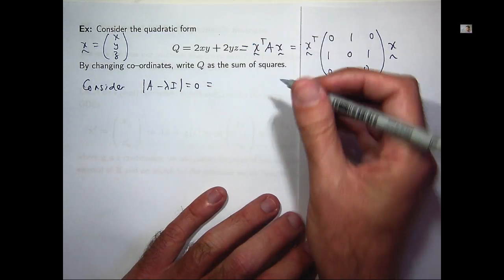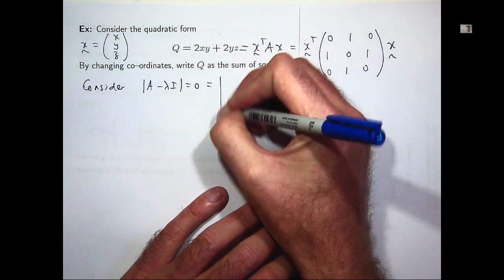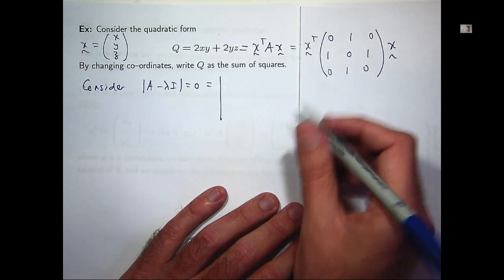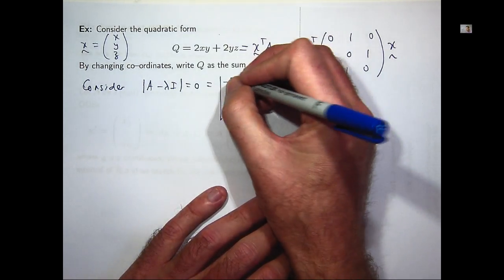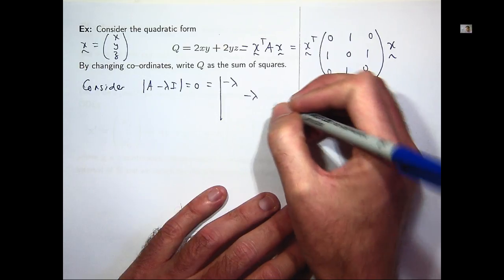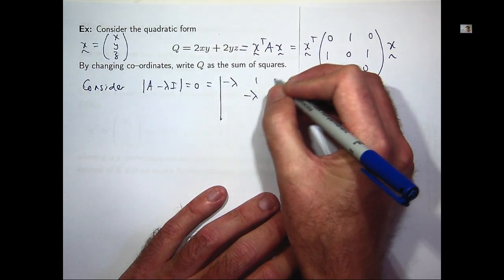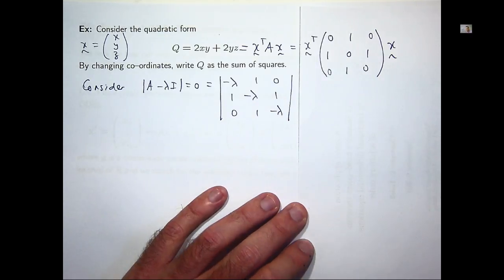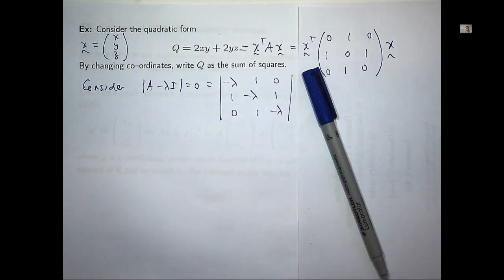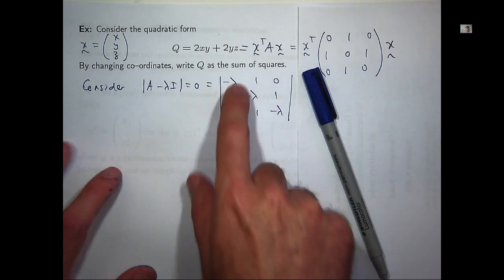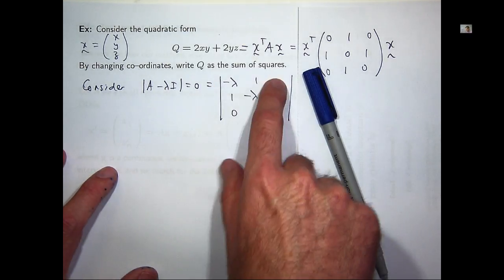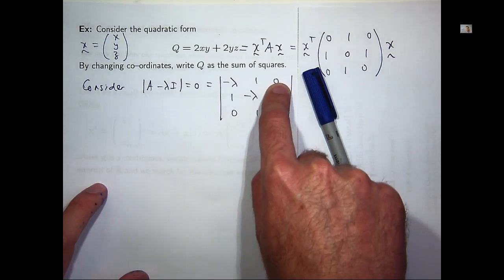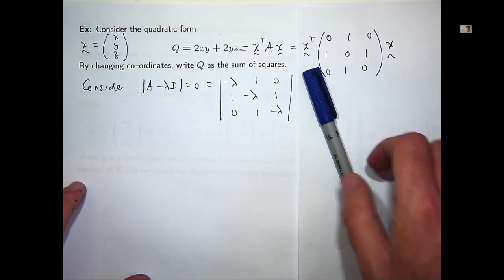Okay, so I'm just going to get zeros down, minus lambdas down the diagonal. Now what I want to do is expand that. As you know, I usually expand these along the top row. We've got a 0 there, so that's going to simplify things.